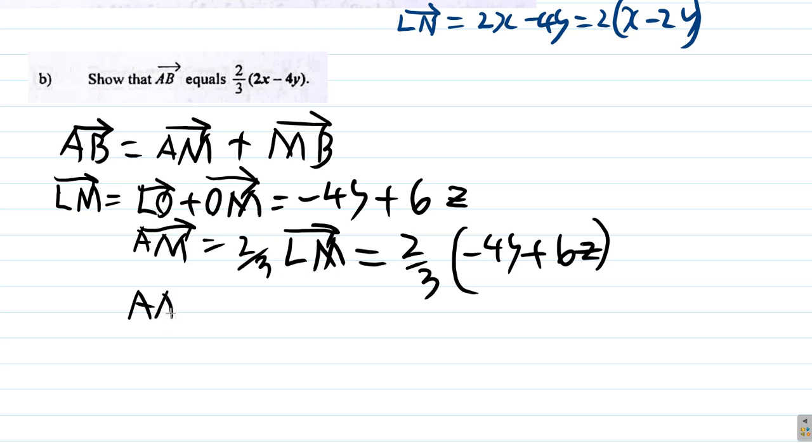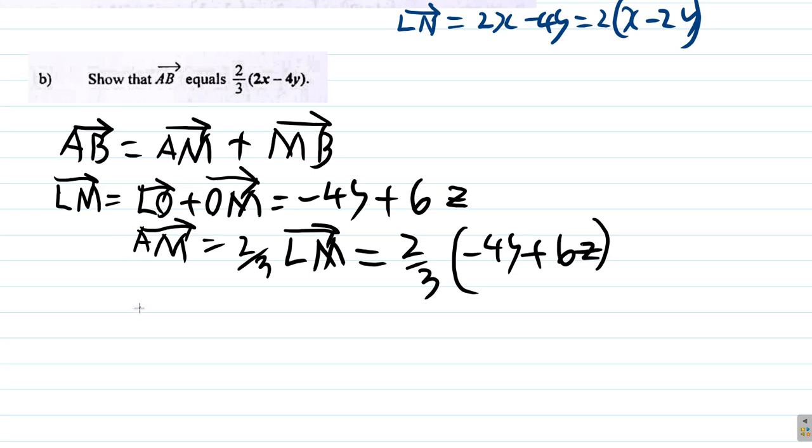So AM, let's keep it as this. Let's not change it just yet. You have AM.